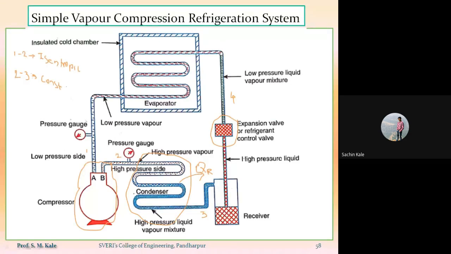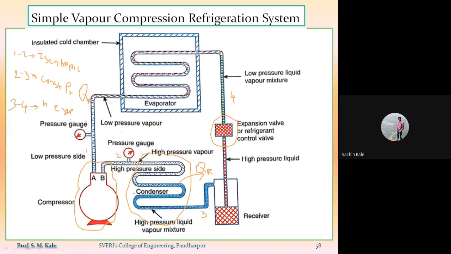I am unable to write this here because I have to write it using the keypad, so it is not properly coming. For your understanding, the 3 to 4 process occurs inside the expansion valve, and that is nothing but the isenthalpic expansion process.